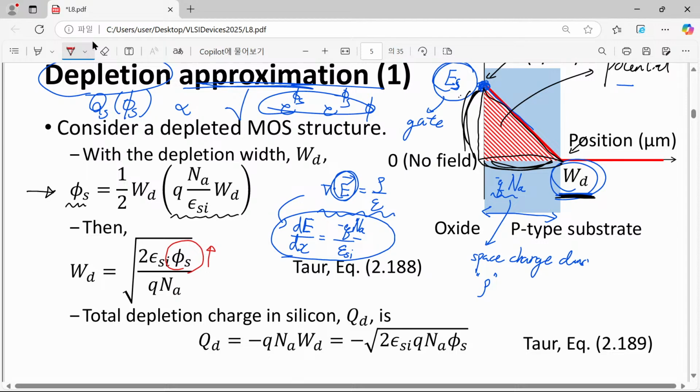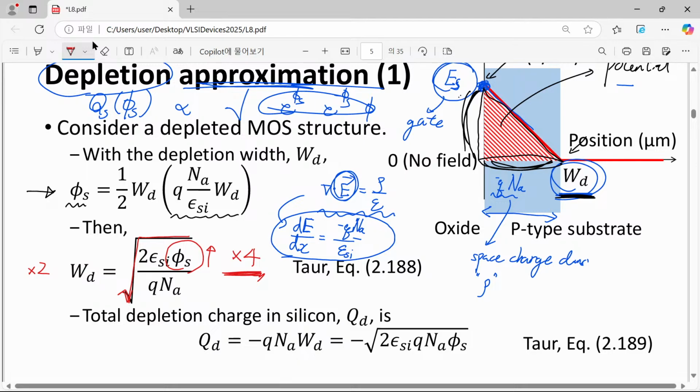In order to get a twice wider depletion width, what we have to do is have four times higher band bending. If we have four times higher band bending, then since we have a square root here, we will have two times wider depletion width.